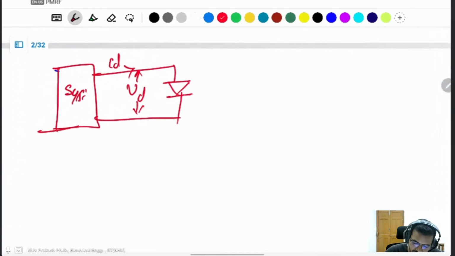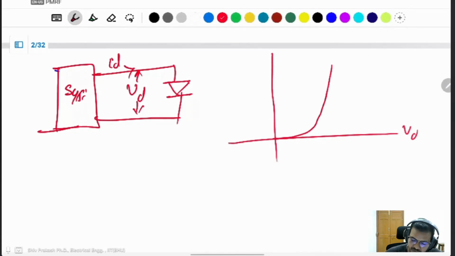All of you know the characteristic of a diode like this. This one is the cutoff voltage.